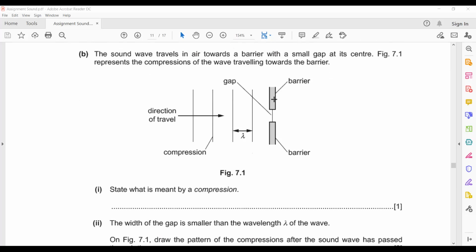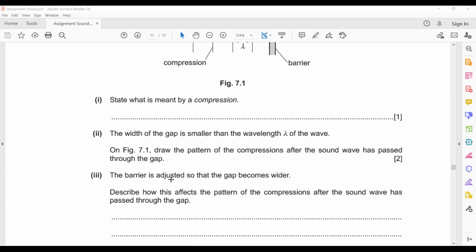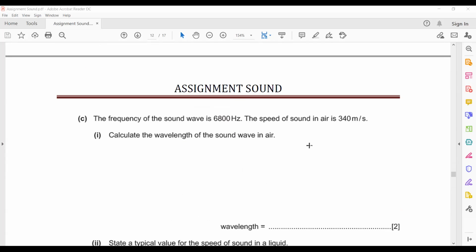So it's a smaller gap. So draw a pattern. We'll draw maximum diffraction, which will occur, curved. A barrier is adjusted so the gap becomes wider. Describe how it affects the pattern. So less diffraction, the sound will spread out less.